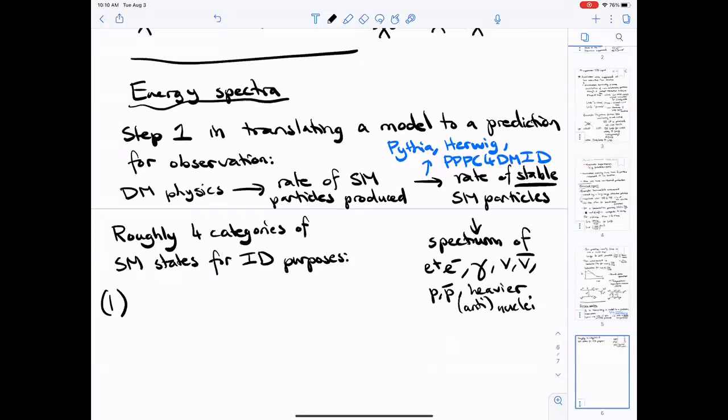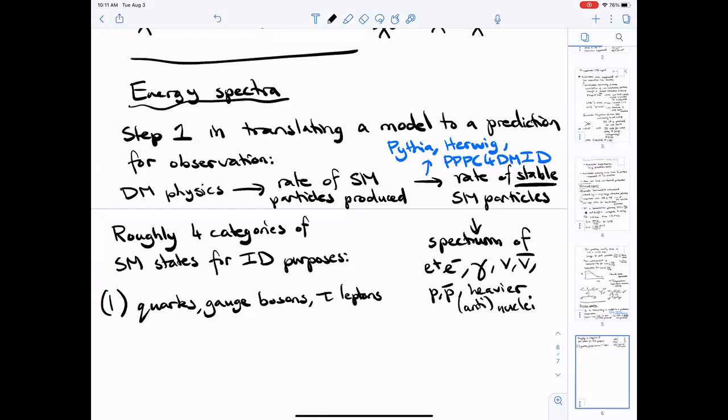So category 1, which is where most possible standard model final states live, is that when the dark matter annihilation or decay happens, it produces quarks or gauge bosons or tau leptons. Basically anything that is not electrons, muons, or neutrinos, and not direct photons. So why do I classify all of these things together?